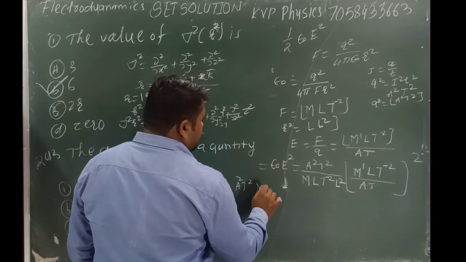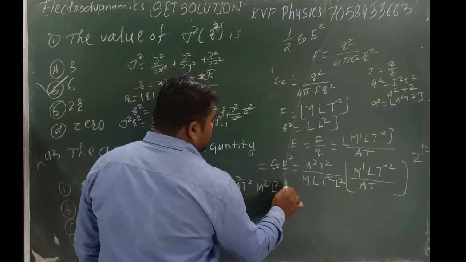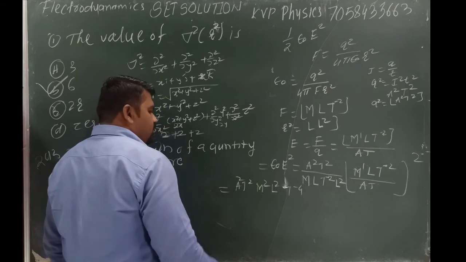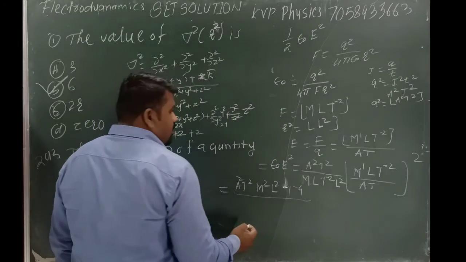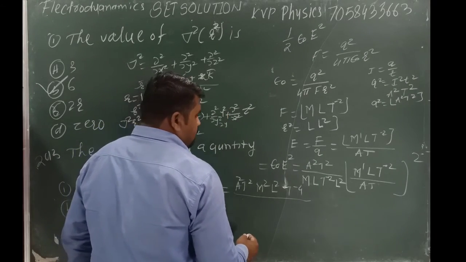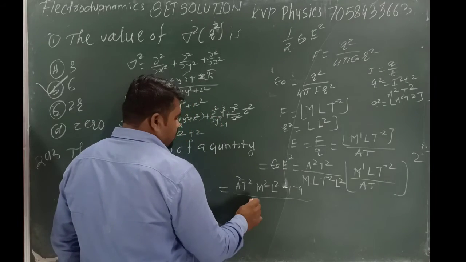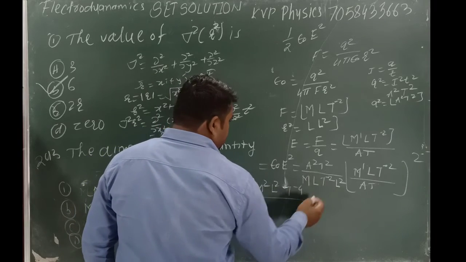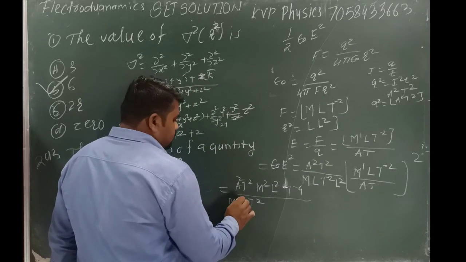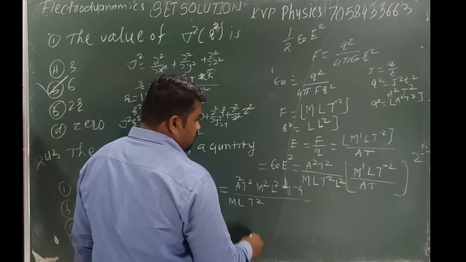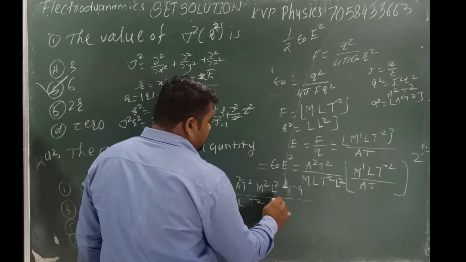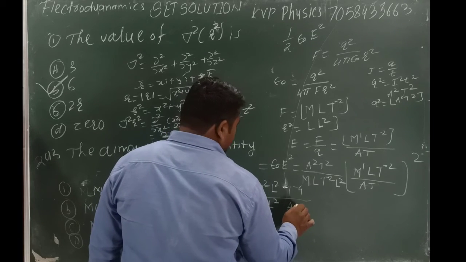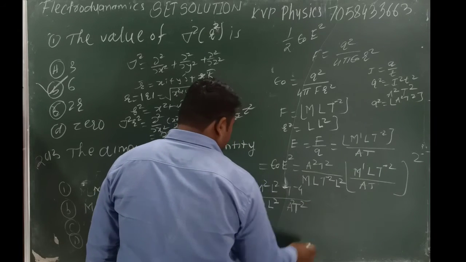Then this M becomes M to the power 2, L to the power 2, T to the power minus 4, upon T square, upon M L, T square. That is T to the power minus 2, L to the power 2, and this becomes A square T square.